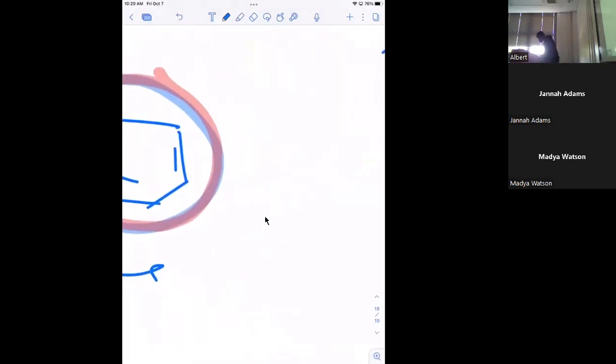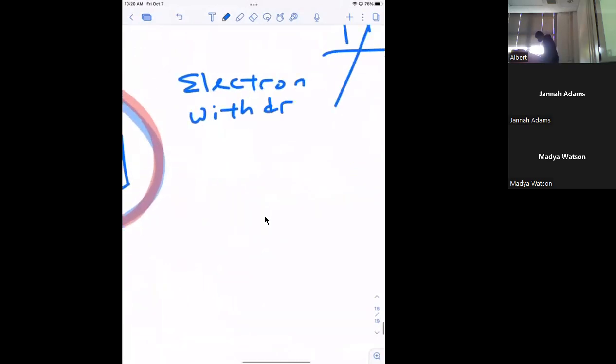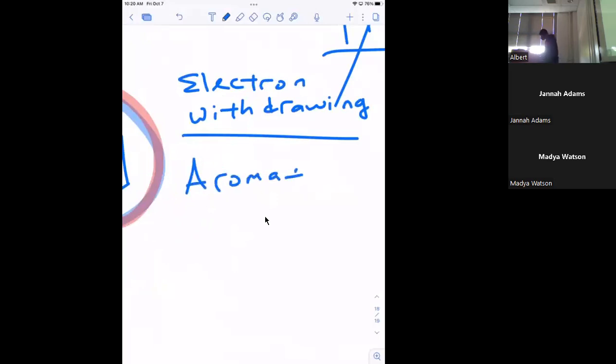If it can do induction, we say that this ring will draw electrons. And not any ring, but an aromatic one.